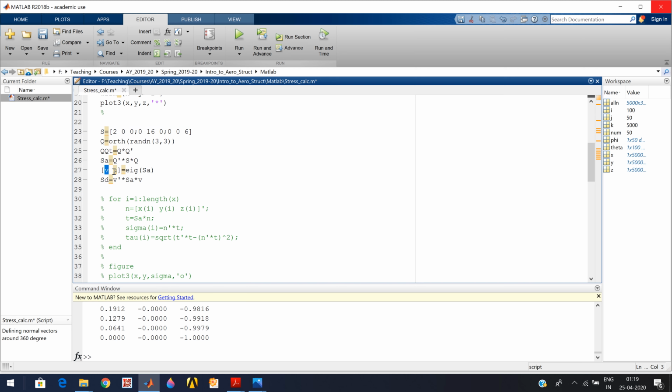This V is the eigenvector matrix. This eig is the eigenvalue command in Matlab that gives both eigenvector V and eigenvalues U. And SD is again the transformed matrix from SA to the coordinate system using the eigenvector matrix. So let us run and see what we are getting.